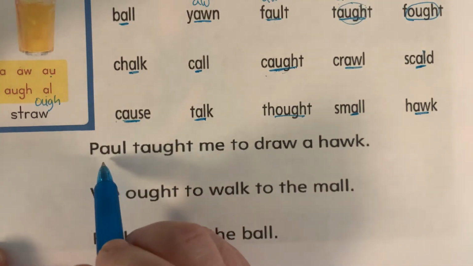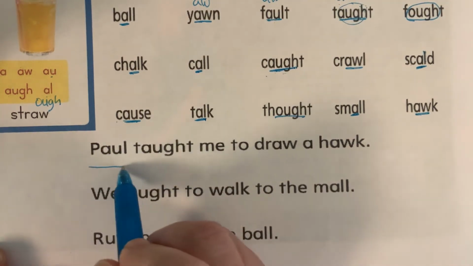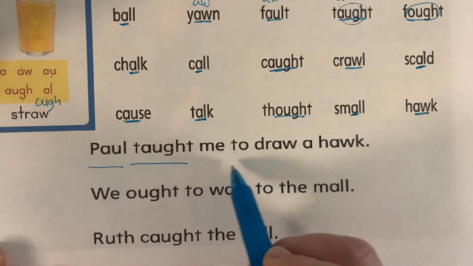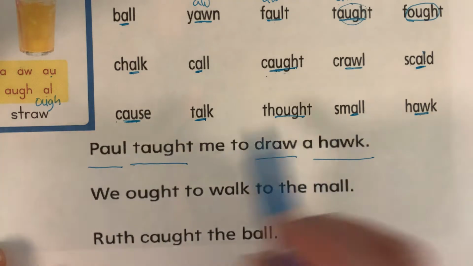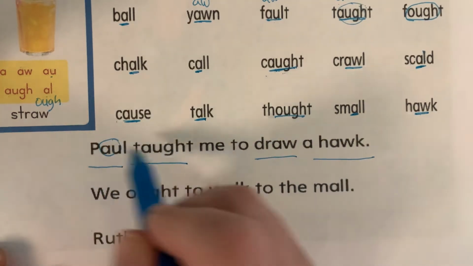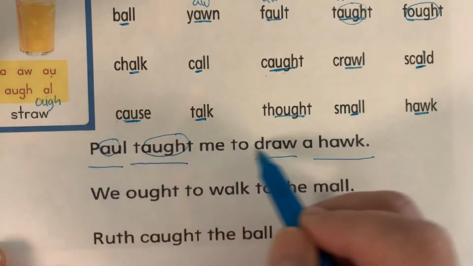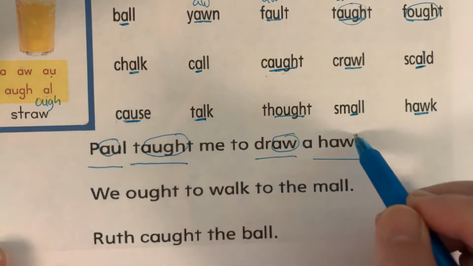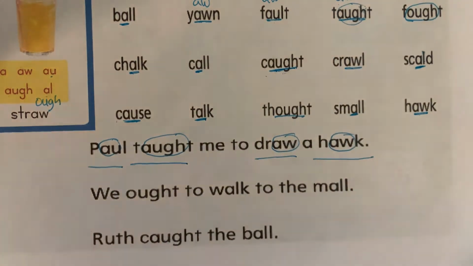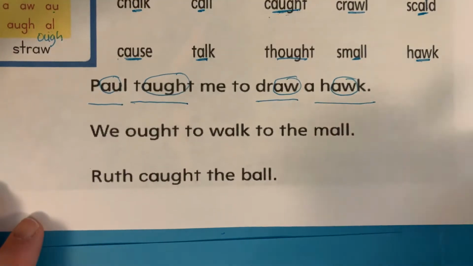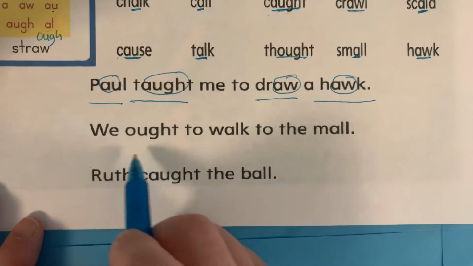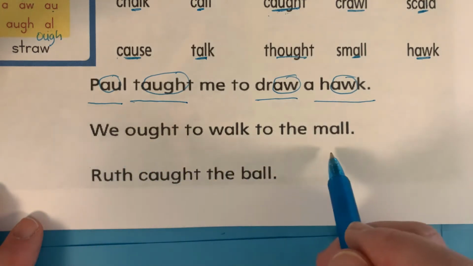Paul. First we are going to underline the words with the ah sound. I'm going to underline them down low since we're circling. Those words all say ah. You should be following along with me on your paper and making sure that you're getting the same things circled, just like we would be doing together in class. All right, we ought to walk to the mall.